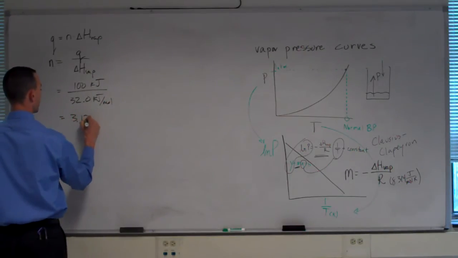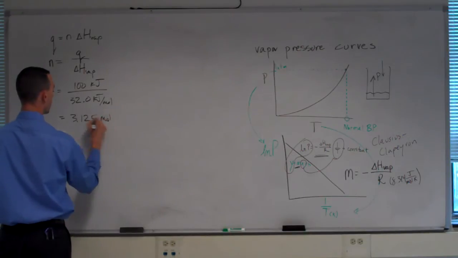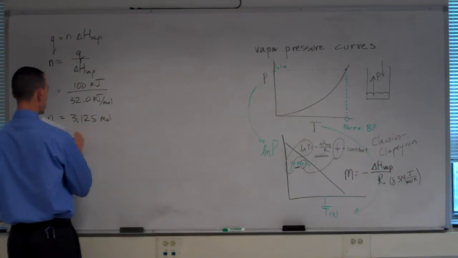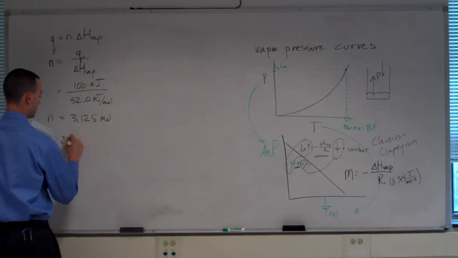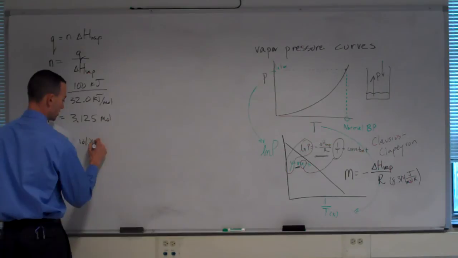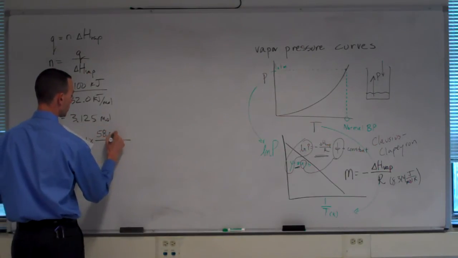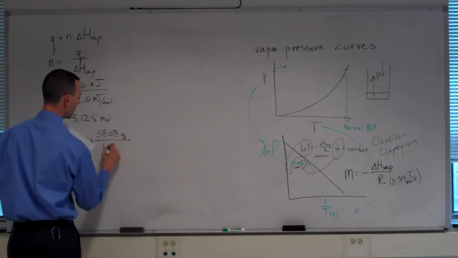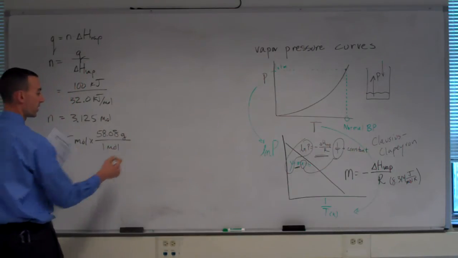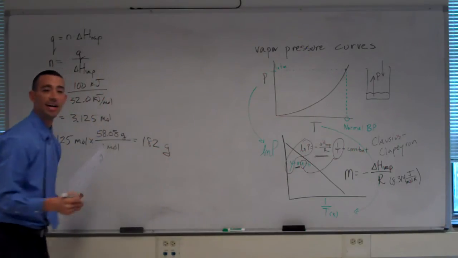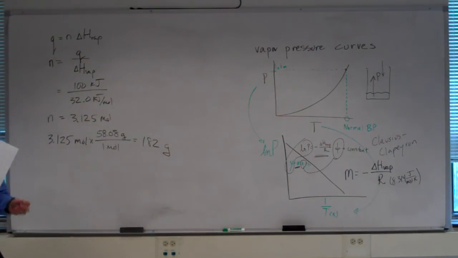So that is 3.125 moles of acetone. So this can be converted to mass by multiplying moles by the molar mass of acetone provided in the question as 58.08. So that is 182 grams of acetone could be vaporized by the addition of 100 kilojoules of energy.